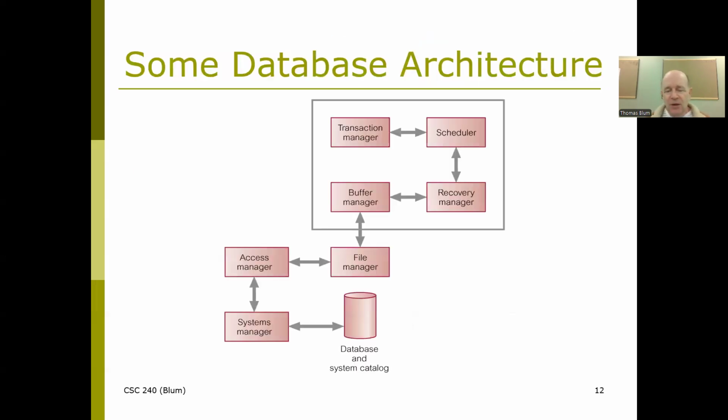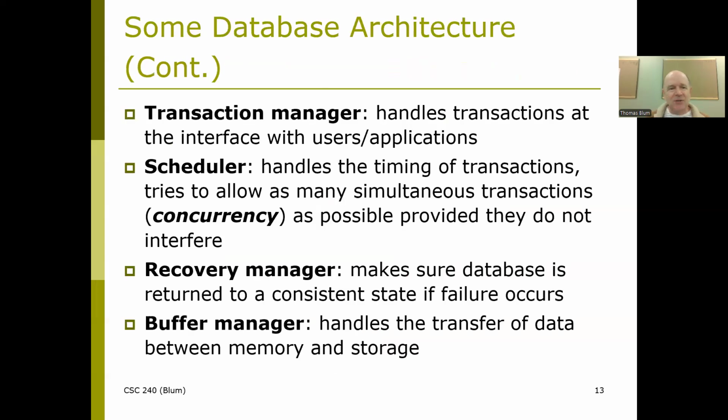All right. So, we can work with little individual databases just on a single computer, but a real database management system has a lot of parts, a lot of architecture. In this diagram, we're seeing that there are all sorts of interactions with the database to be managed and scheduled and so on, and we're just going to mention some of them within the context of transaction.